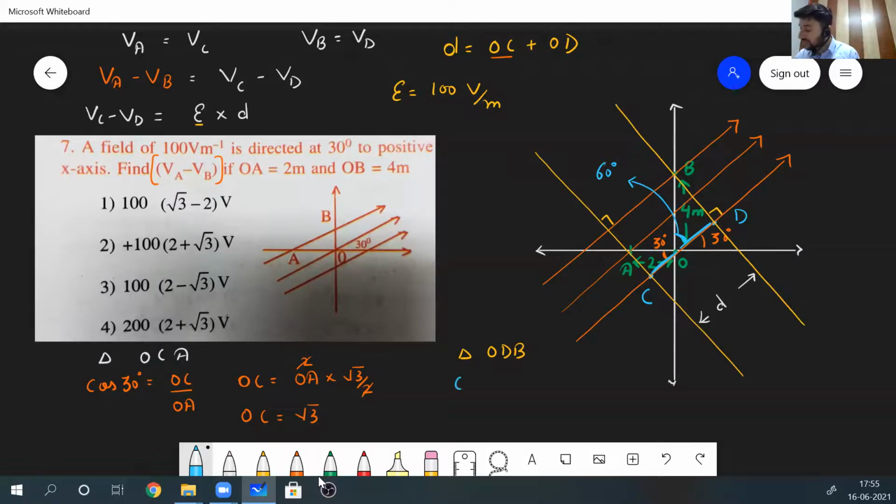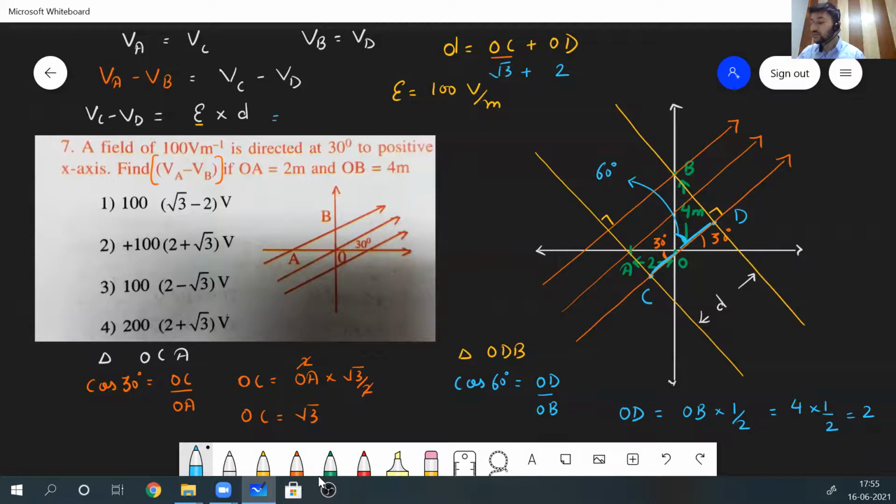So in this triangle, cos 60 will be OD, the base, divided by OB, the hypotenuse. So OD is OB into cos 60, that is 1 by 2. Now OB is given to be 4. So OD comes out to be 2, and OC comes out to be root 3.